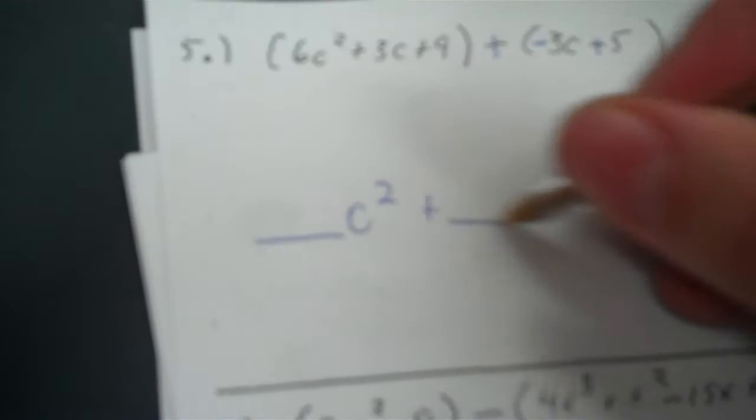6c to the second, a positive 3 and a positive 9, but then I have minus, so that's got to be plus, and that's a negative 3 and a positive 5. So my highest power is c to the second. So I go blank c to the second plus blank c plus blank. Okay, so for c to the seconds, all we have is the 6 in polynomial number 1, because I don't have anything over there.